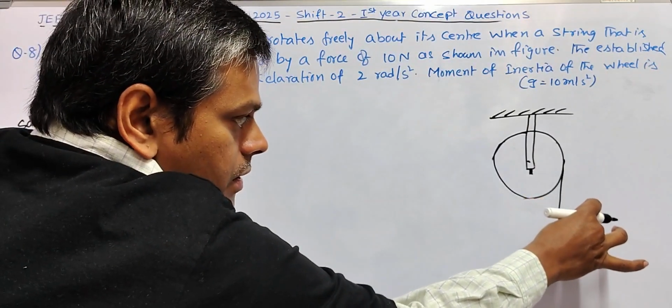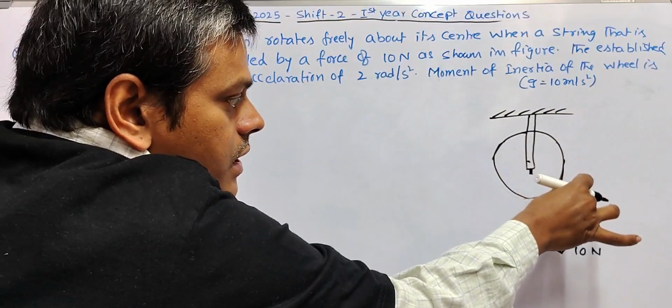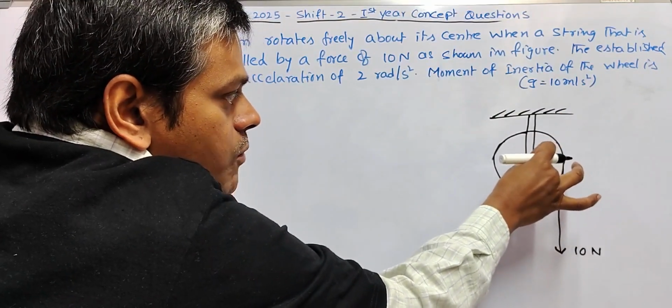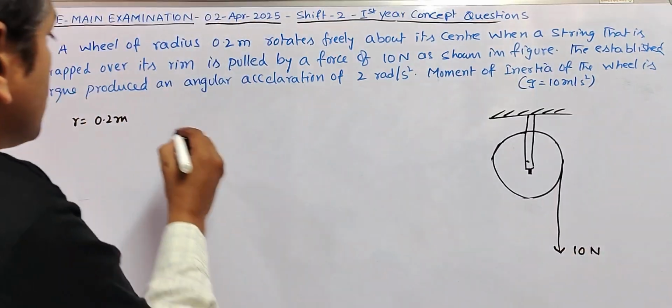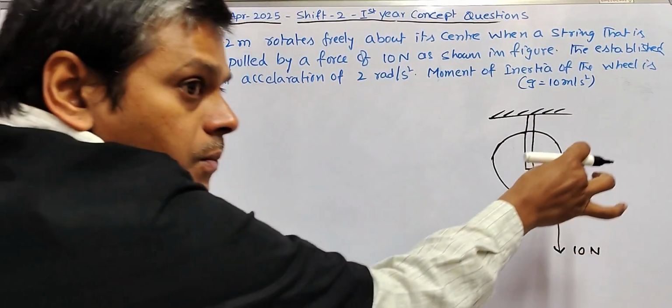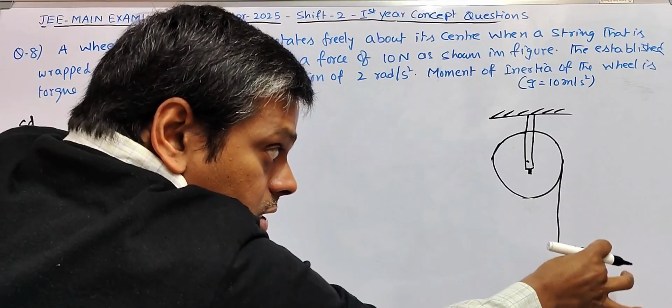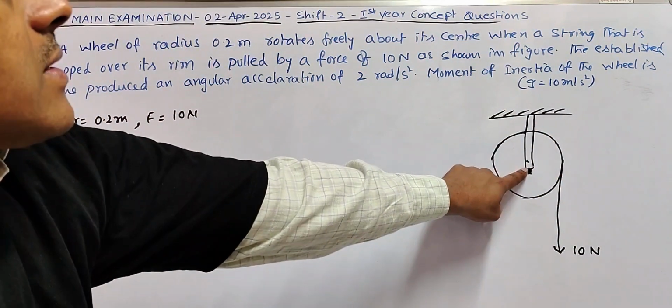When you pull this string, which is wrapped over the rim of this wheel, the wheel rotates freely about an axis suspended from the ceiling.